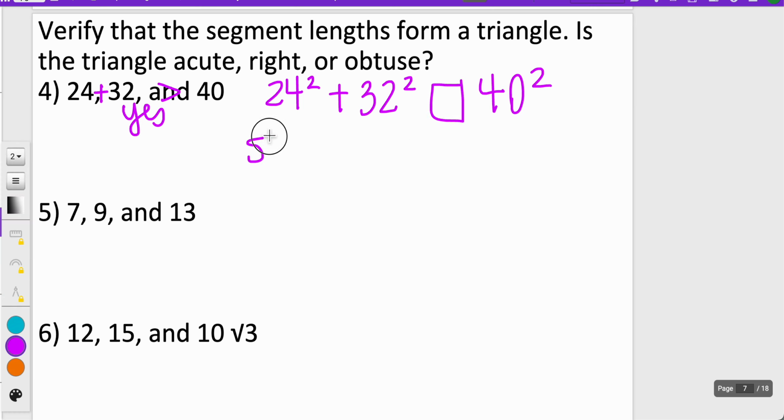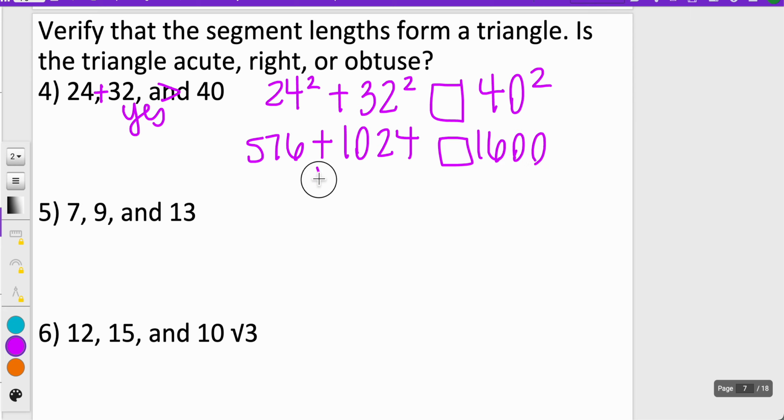So we're going to get 576 plus 1024 compared to 1600. And if we add these together, it does give us 1600. So since 1600 equals 1600, this would be a right triangle.